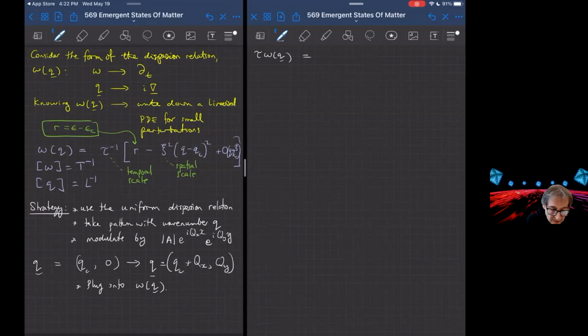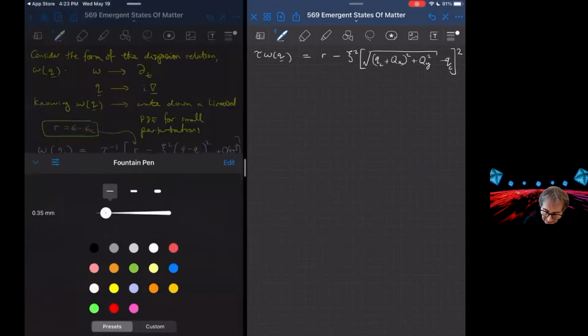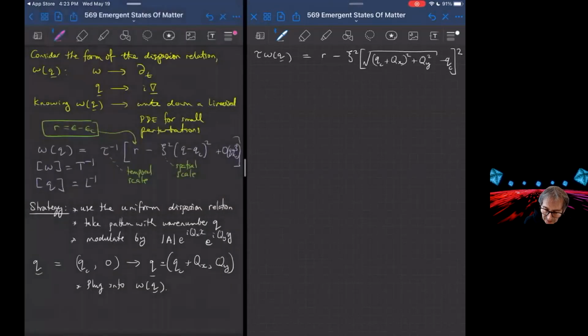It's going to be r minus this length scale xi squared times the square root of qc plus qx squared plus qy squared, all under the square root, minus qc, and then this whole thing squared. All I've done is substitute that into this particular form that we have over here on the left.